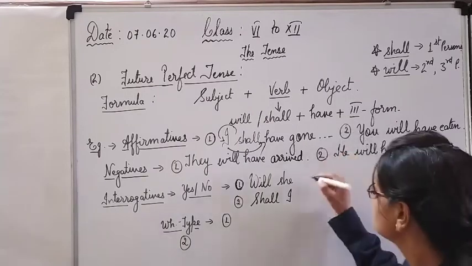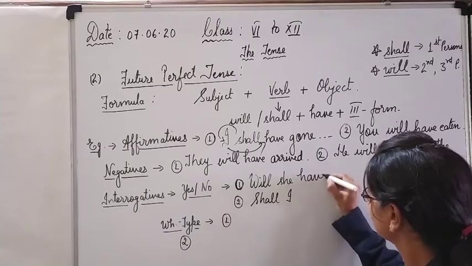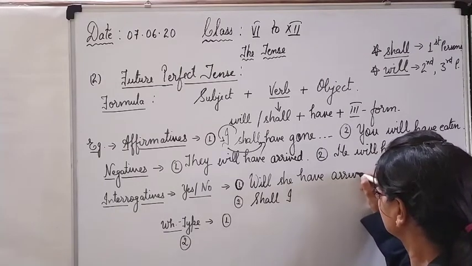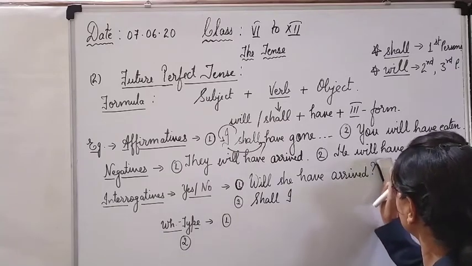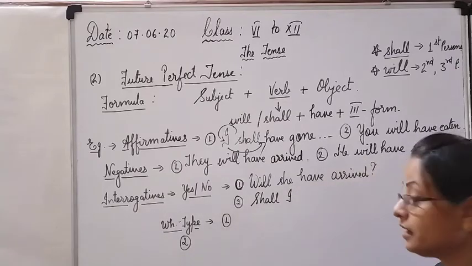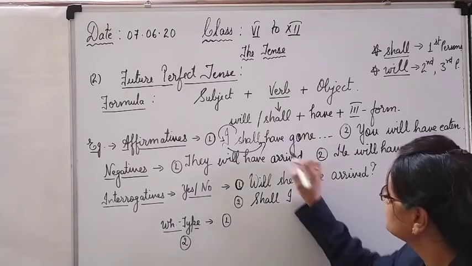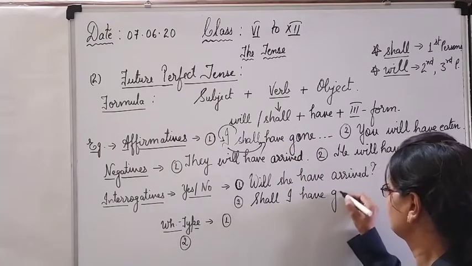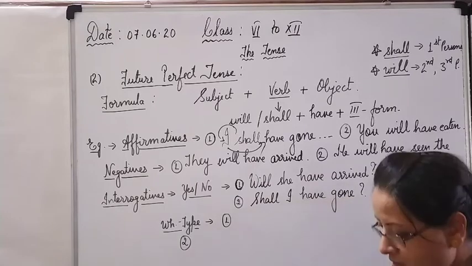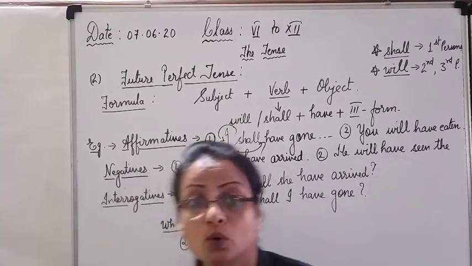Will she have arrived? Then question mark. Do not forget to put a question mark at the end. Then shall I? Then have. Shall I have gone? This way.